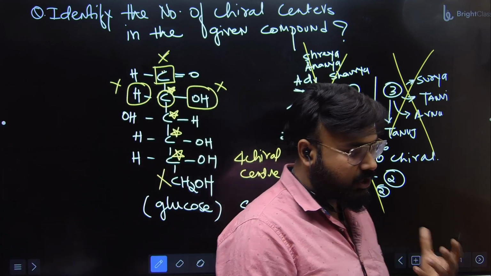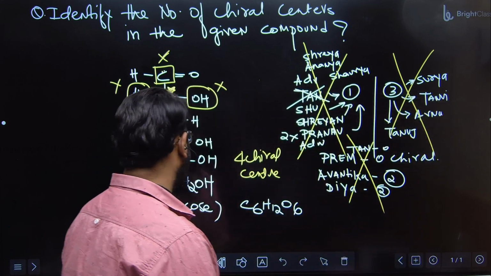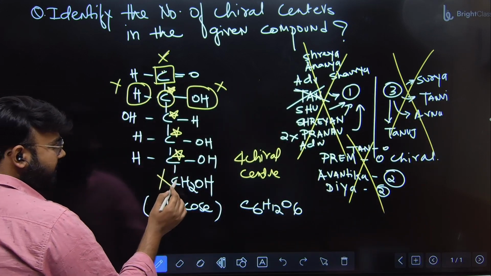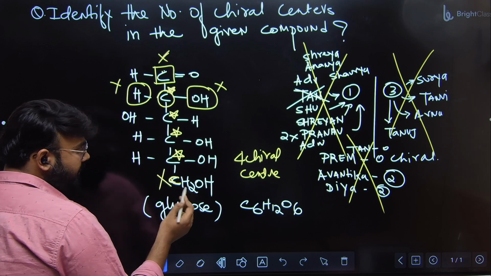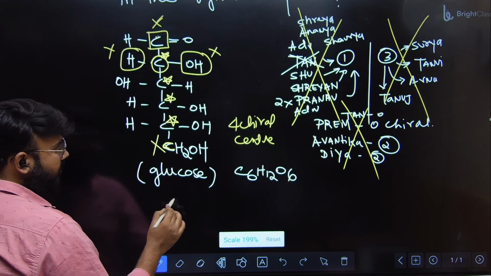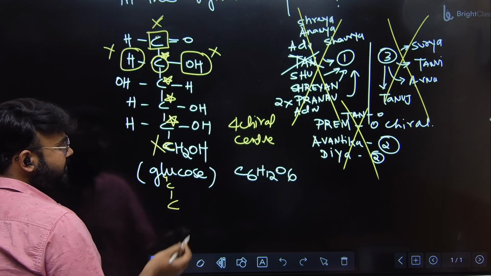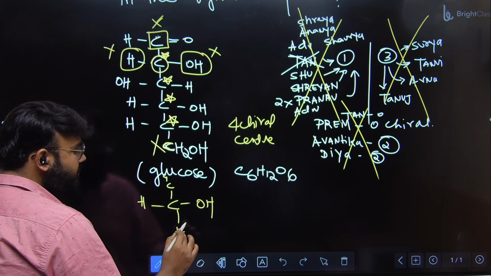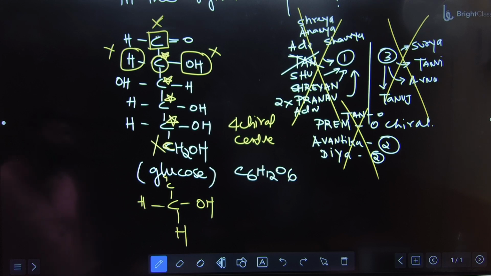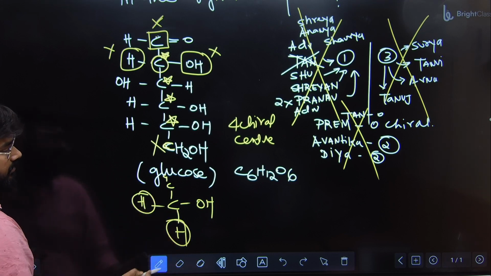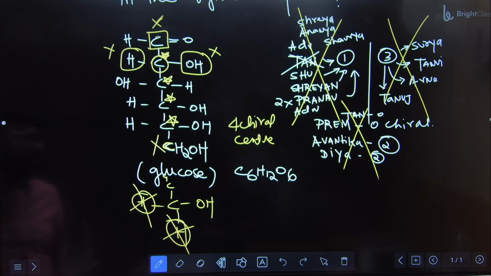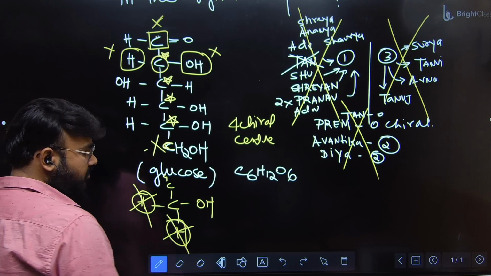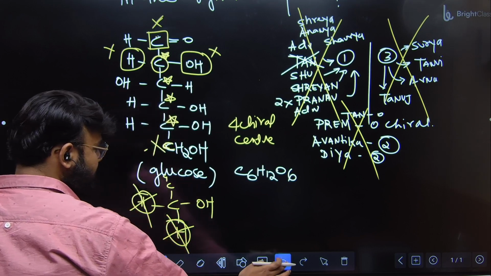So that is why it's not. You got it now? And if you see the last one, if I draw the last one, above it has all those carbon chains. One side it has OH, but it has two hydrogens. Do you see that? So they became the same. Same, gone. That is why the last one is also not chiral. I hope it is clear.